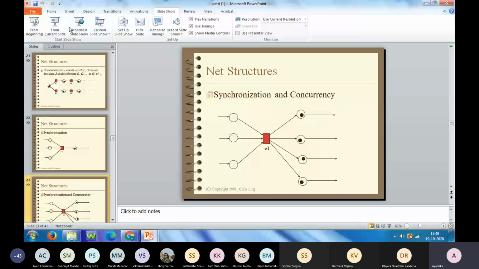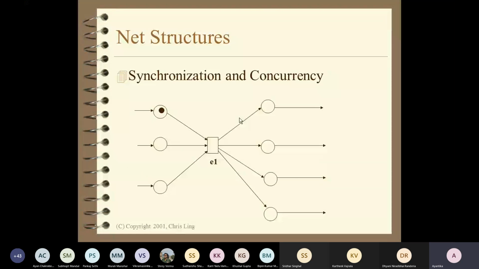Another improvement, or we can say advantage, is synchronization and concurrency. That means you have multiple tokens in these places, and the transition condition in this E1 shows how synchronization between these nodes can be handled.